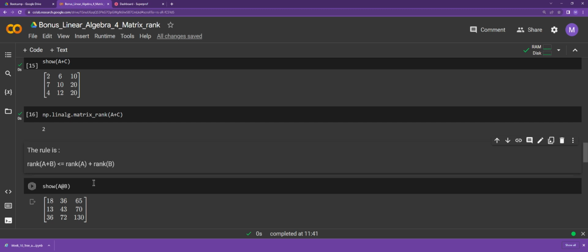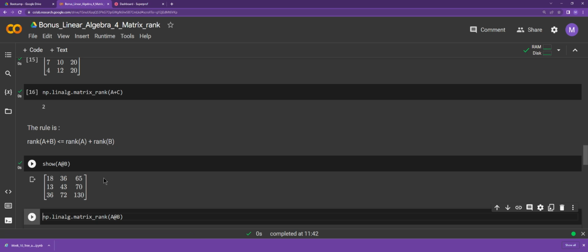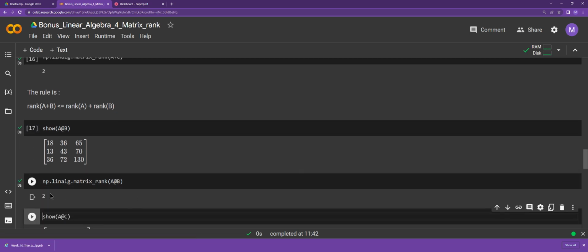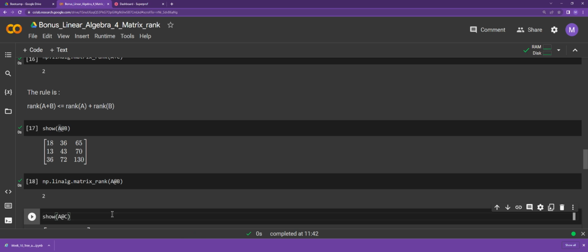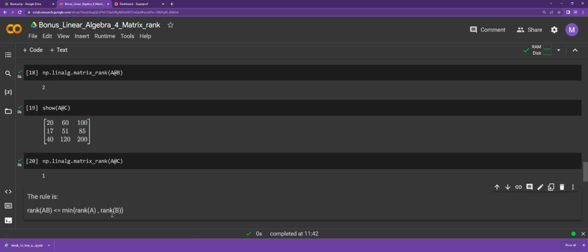Now, what if we have a product, a dot product of matrix A and B? Let's see what the case is. I'm going to run it, and we get 2. Remember, matrix A had a rank of 2 and matrix B had a rank of 3. Now, what about A and C?